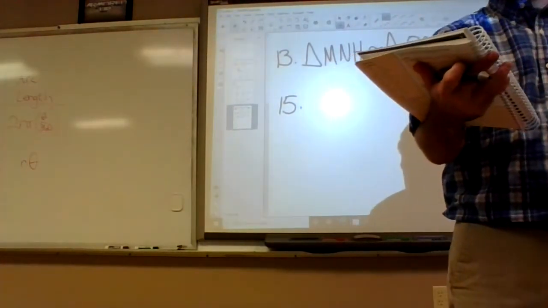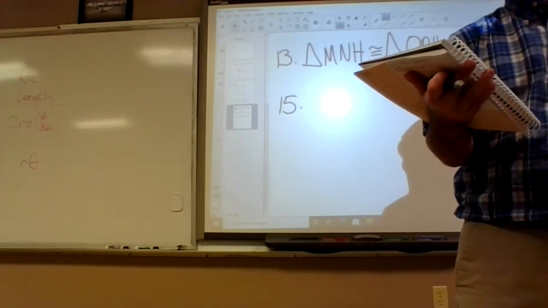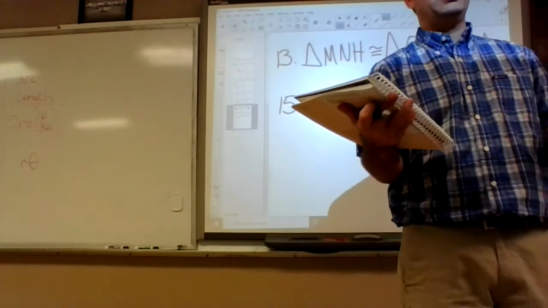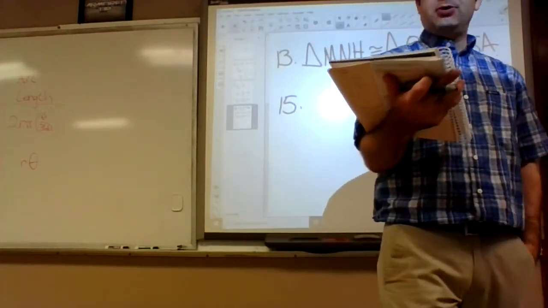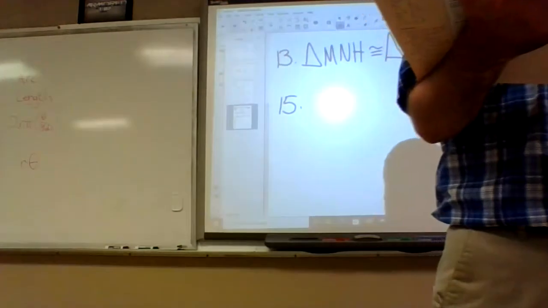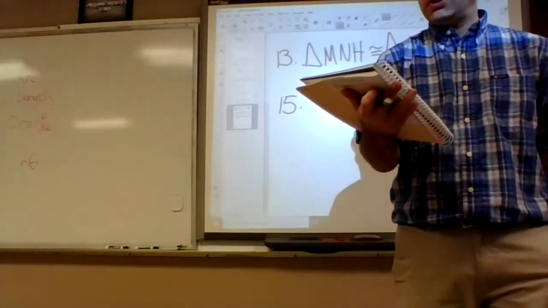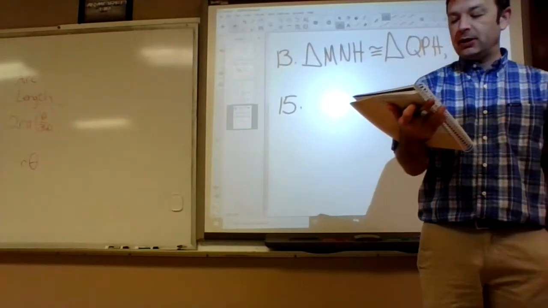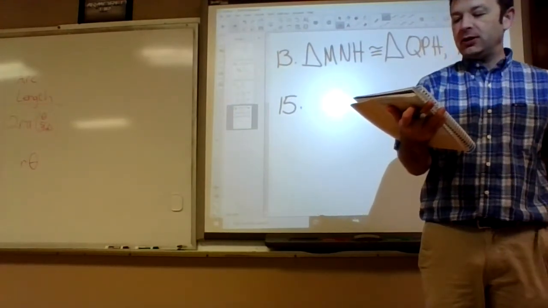In other words, QS is not cutting PR in half as far as we know, but it is cutting angle PQR in half. Because it says segment QS bisects vertex angle PQR. So we know the angle's being cut now. And we're trying to prove that PSQ and RSQ are right angles.